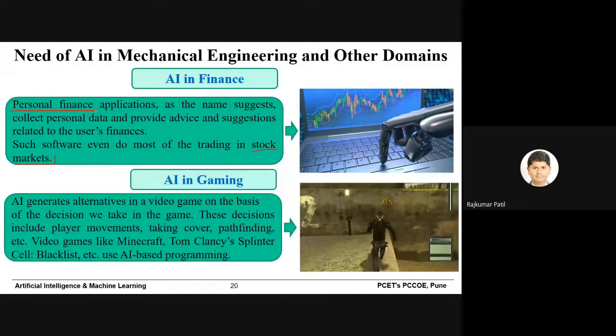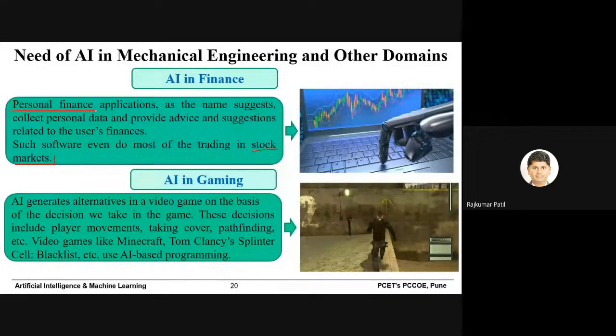Again, AI in gaming. When we generally play a game, after a few days we start getting bored with that game. The reason is very simple: slowly you come to know the different steps in that game, and that thrill or curiosity diminishes, and because of that you go away from the gaming.